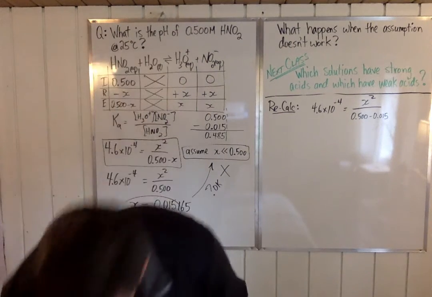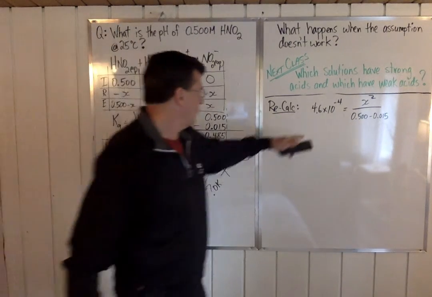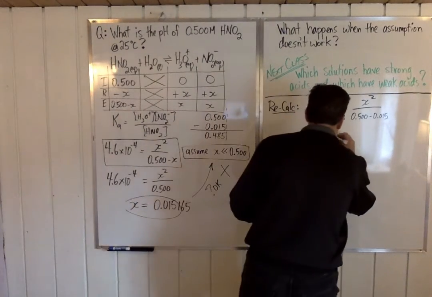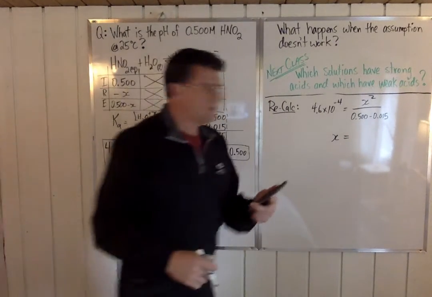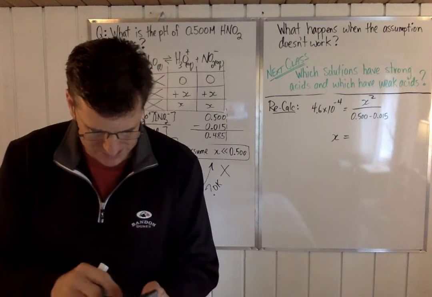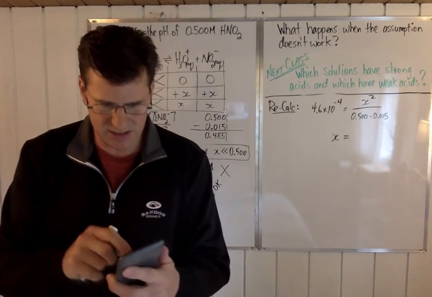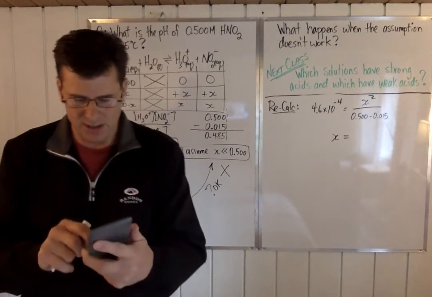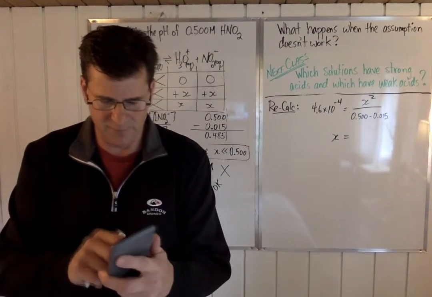Okay? Now what I'm going to do is take my recalculation over here and recalculate x. So I'm going to take 4.6 times 10 to the negative 4, the left side of the equation, times 0.485.